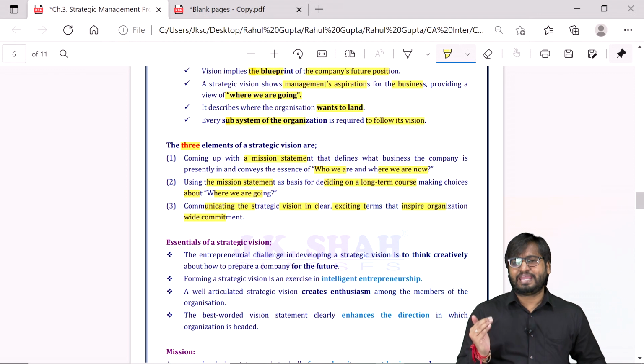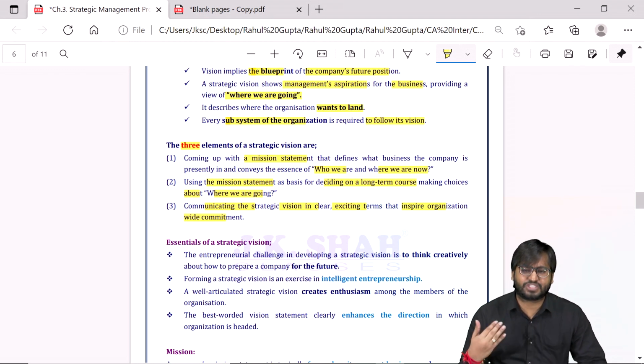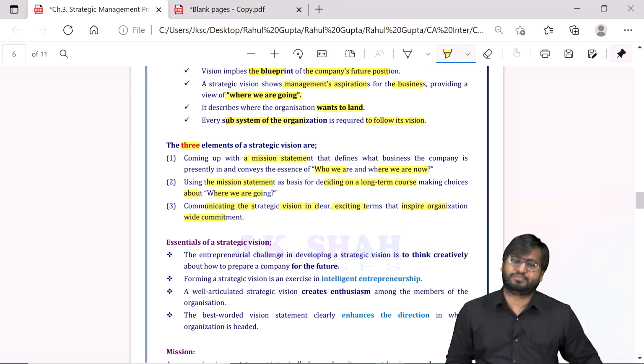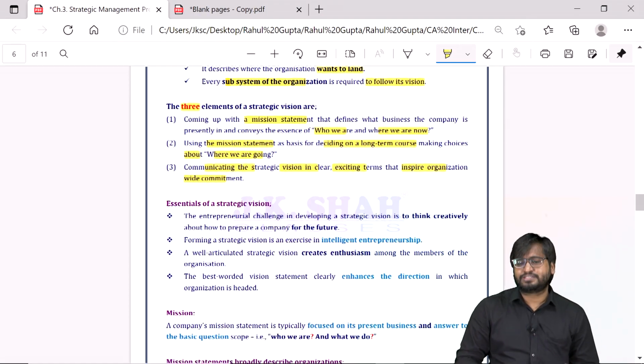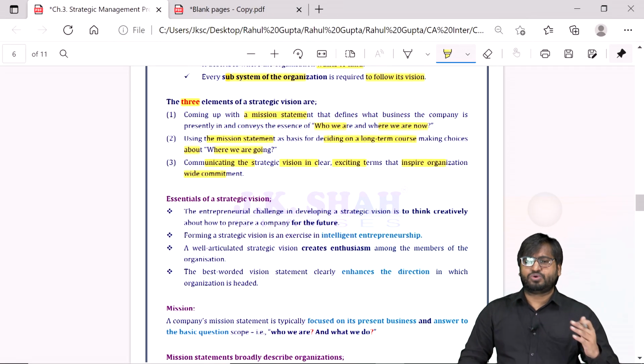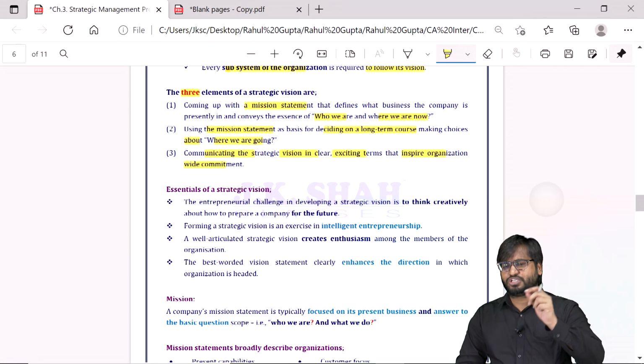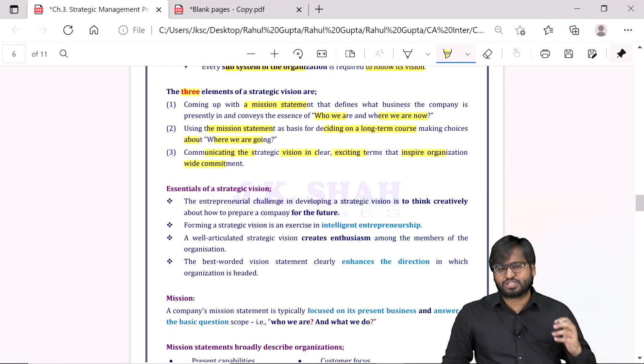So these are the elements of strategic vision. Again, the institute can ask you, define strategic vision. What are the elements of strategic vision? Or write a short note, what are the essentials of strategic vision?